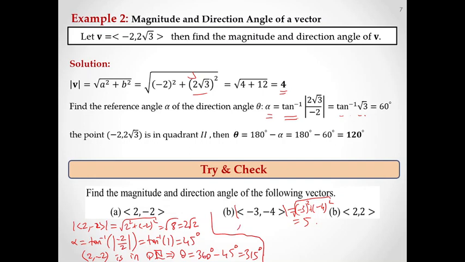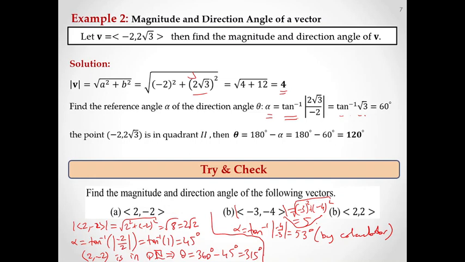And the reference angle of the direction angle is tangent inverse of the absolute value of minus 4 over minus 3. When you use a calculator, it will be about 53 degrees.